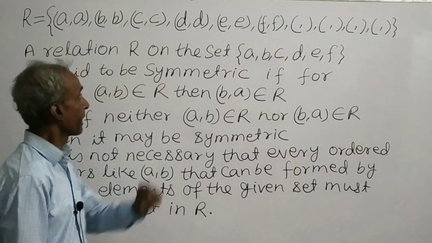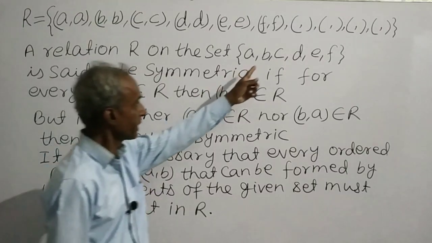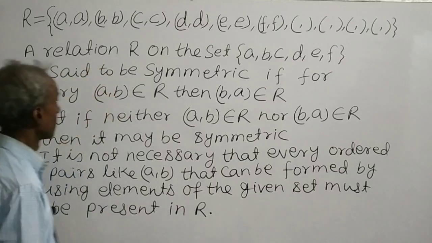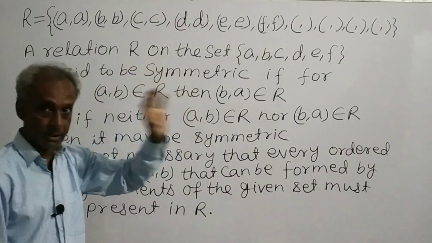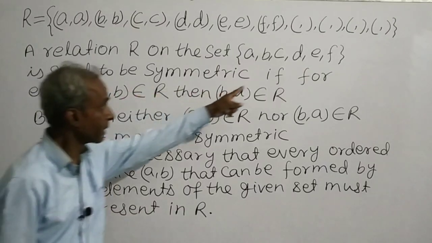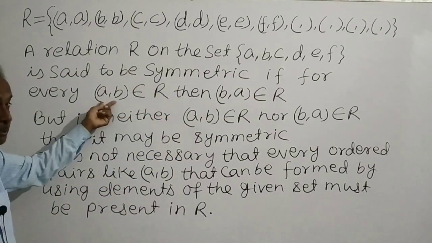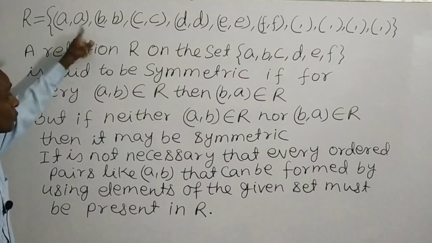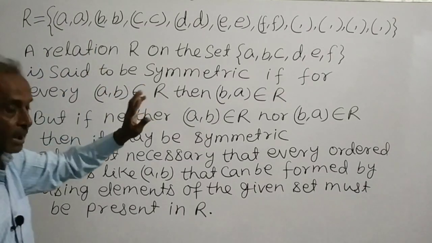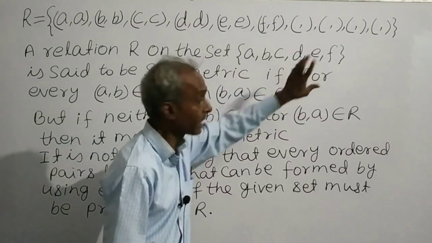A relation R on this set is said to be symmetric if, for every ordered pair belonging to R, we don't have to look inside this set.